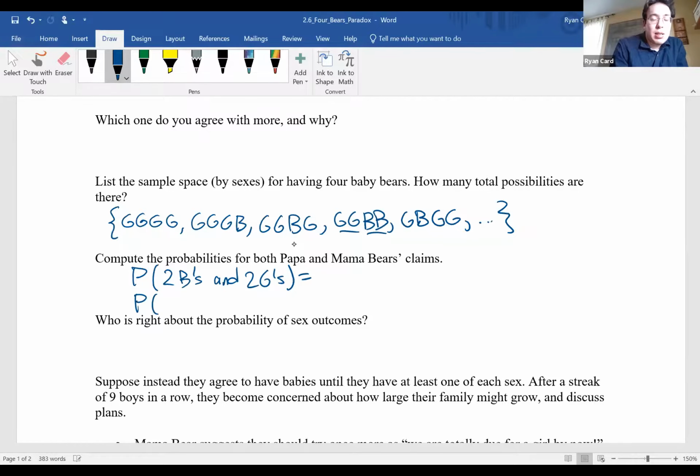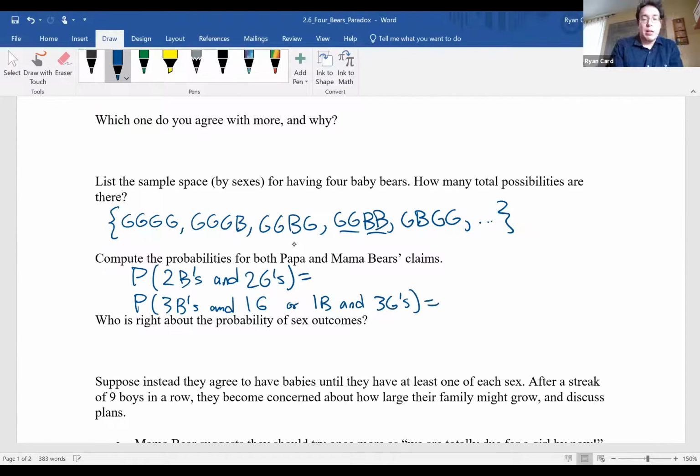And for the probability of Mama Bear's claim, 3 boys and 1 girl, or 1 boy and 3 girls.